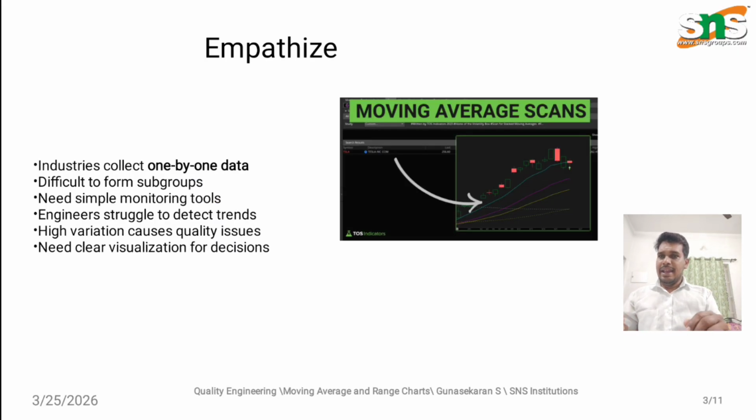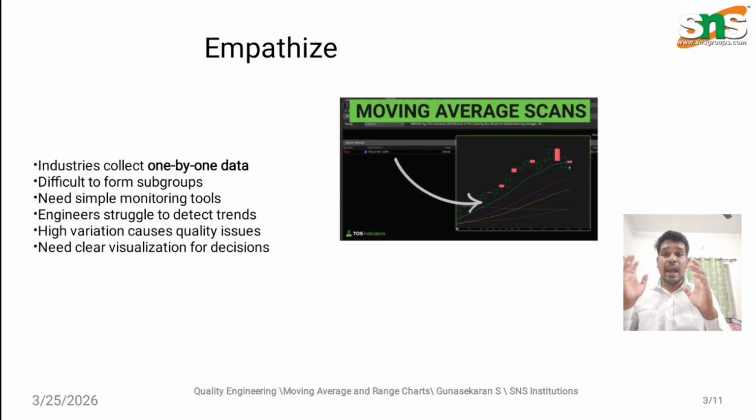In many real world situations, subgroup sampling is not possible. Data may be collected one observation at a time. In such cases, moving average charts are used to monitor the process mean.